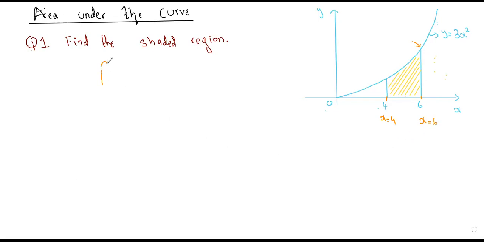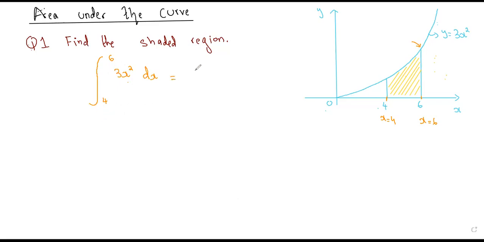I am going to integrate the curve 3x squared with respect to x, obviously, and the limits are going to be 6 and 4. This is going to give me the area under this curve above the x-axis between these limits, right? Yes. So this is the idea. So it's nothing new. All you need to understand is by looking at the diagram, you need to see how to make the integral.